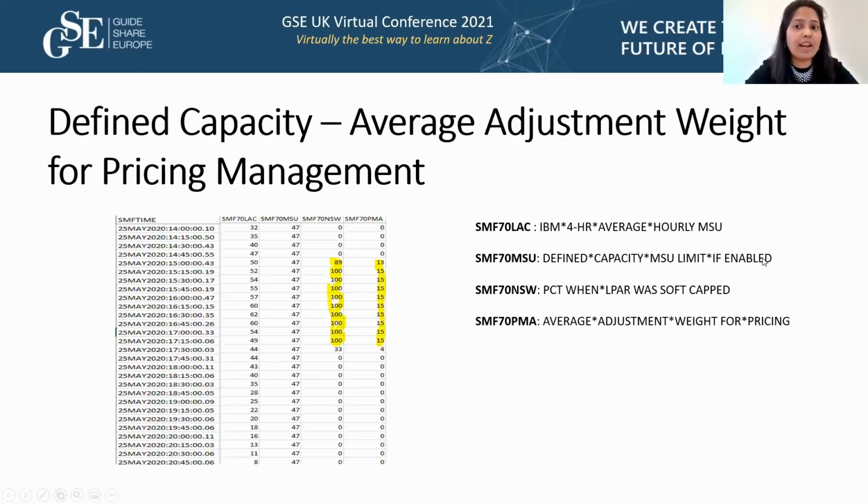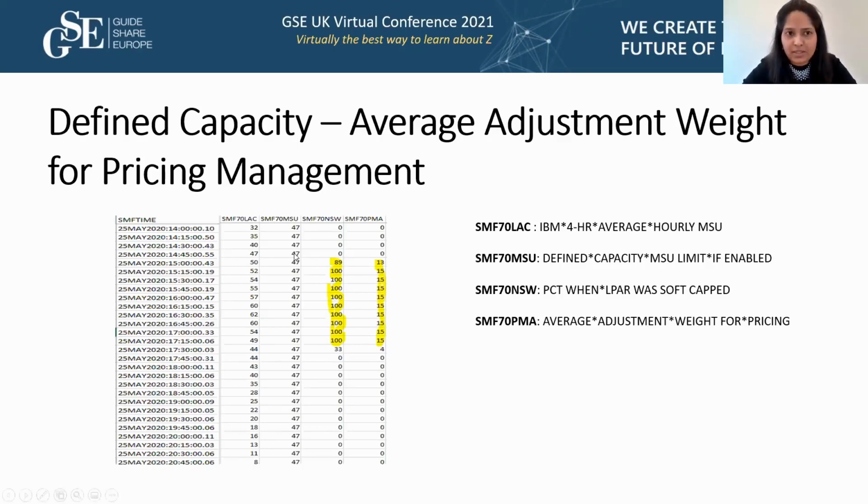If the customer has enabled this defined capacity, you will get the number over here. The third one is SMF70 NSW, that is the percentage of when the LPAR was soft capped. Fourth one is average adjustment weight for pricing.